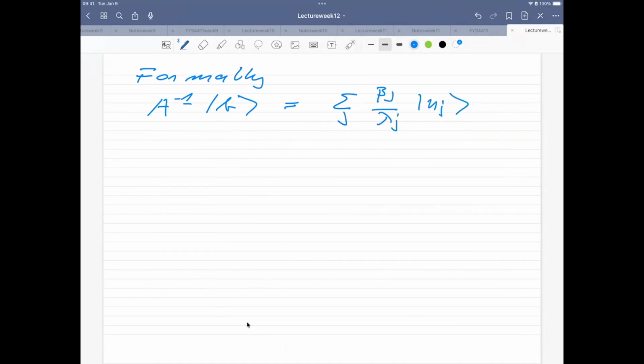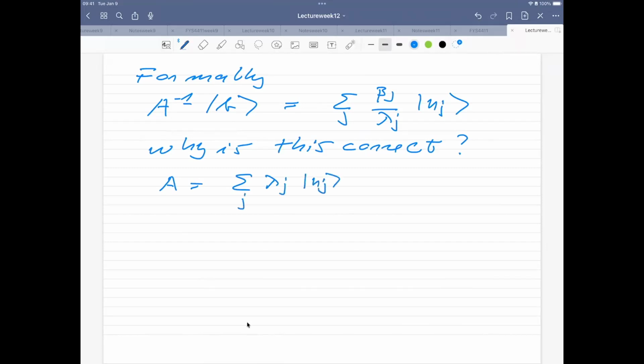And you may ask, why is this correct? Well, it's correct because if we use the spectral decomposition, A is given by the sum of lambda j multiplied with Uj Uj.